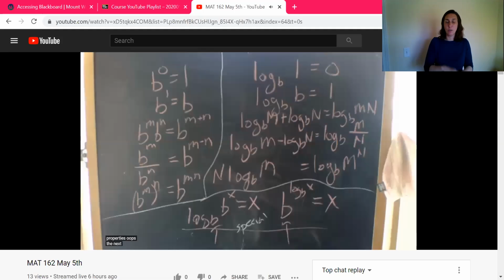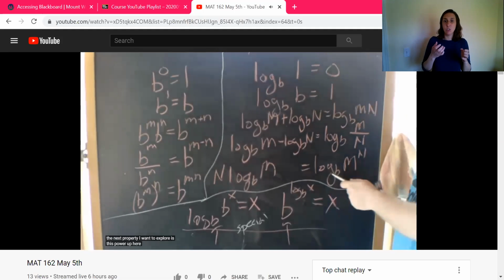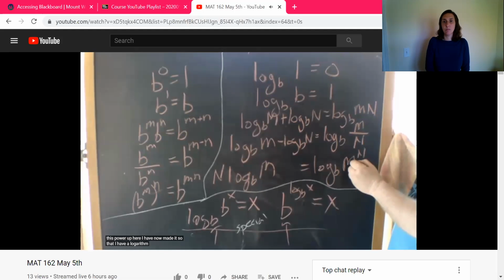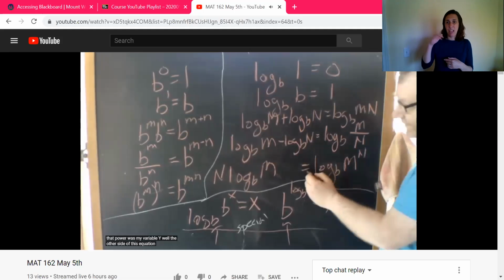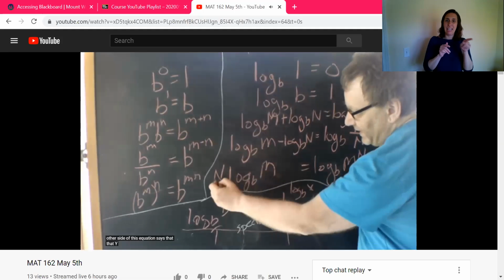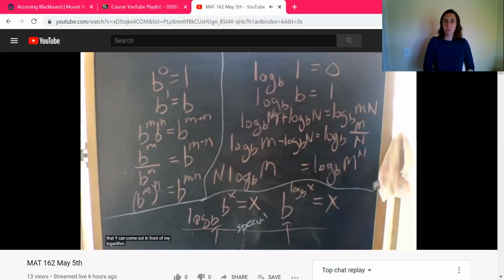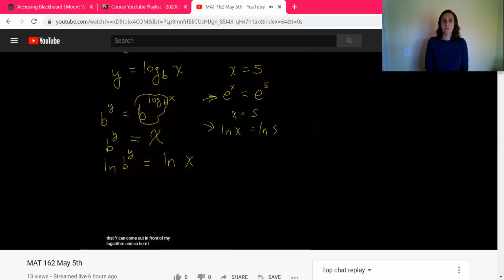The next property I want to explore is this power here. I have now made it so that I have a logarithm to a power, and that power was my variable y. Well, that y can come out in front of my logarithm. So here, I'm going to use that power rule.